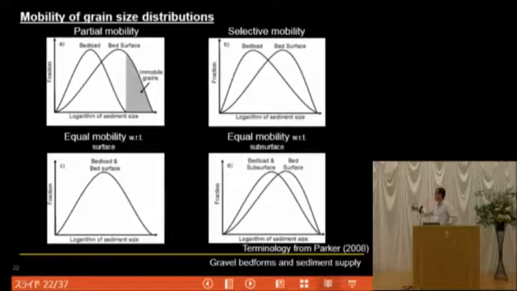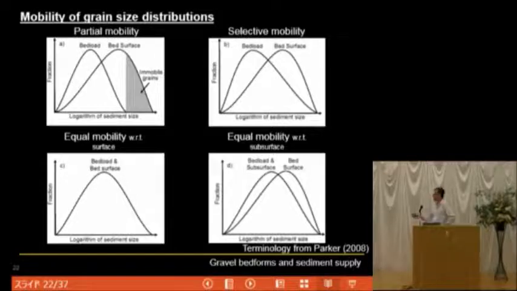process. We have partial mobility, where we have the bed load grain size distribution that's somewhat finer than the bed surface grain size distribution, but some portion of the bed surface distribution is not moving. We can contrast against partial mobility selective mobility, where we have the same thing. The bed load distribution is finer than the bed surface distribution, but the whole distribution of the bed surface is in motion in the bed load.